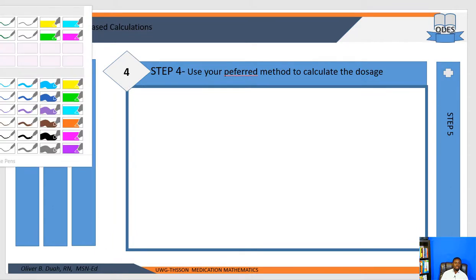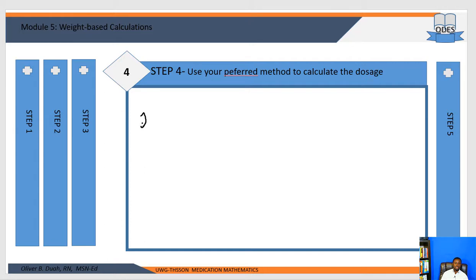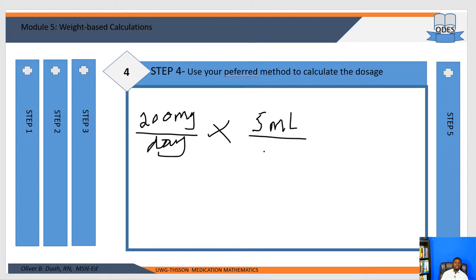So we have 200 milligrams per day. This is our prescribed dose. But then what we have is for every 5 ml, we have 160 milligrams.